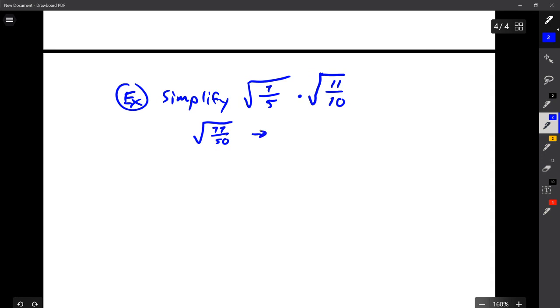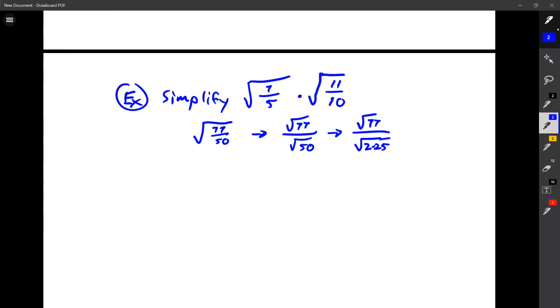That is the same thing as the square root of 77 over the square root of 50, which is the square root of 77 over the square root of 2 times 25. Well, the 25 inside can become a 5 outside. That's the same thing as the square root of 77 over 5 root 2.